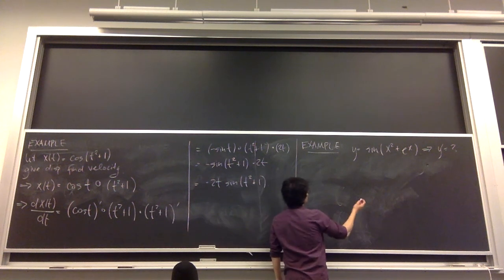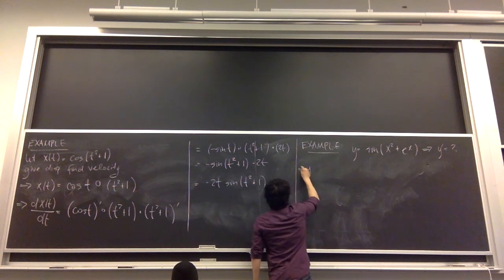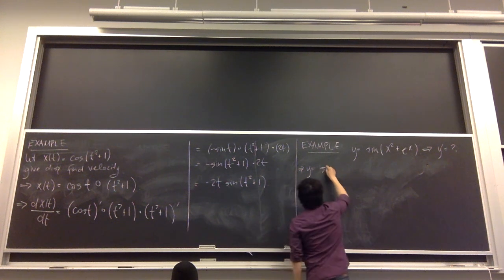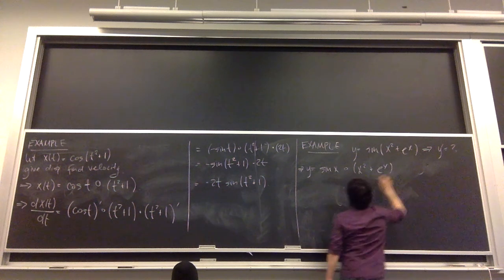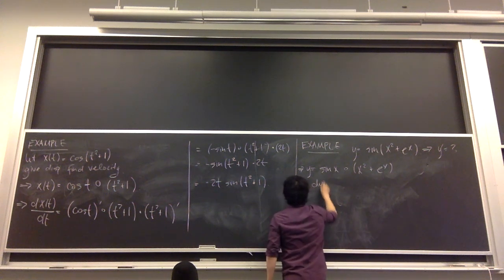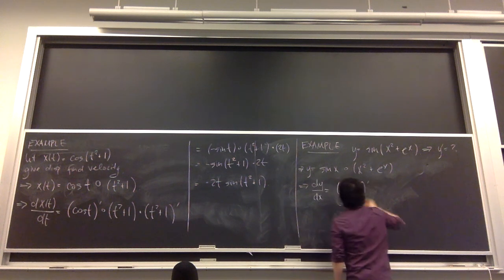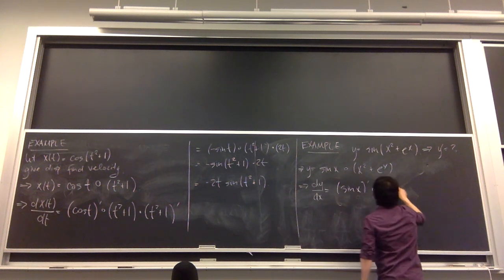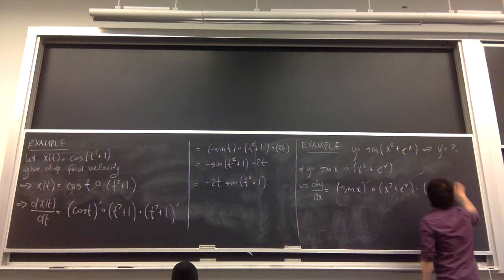Okay, so most of you got it, so that's fine. I'm just going to write out the tons of details. Here we have y is equal to the function composition of sine x composed with x squared plus e to the x. This means that the derivative of y with respect to x is the derivative of sine of x prime, composed ultimately with x squared plus e to the x, times x squared plus e to the x prime.